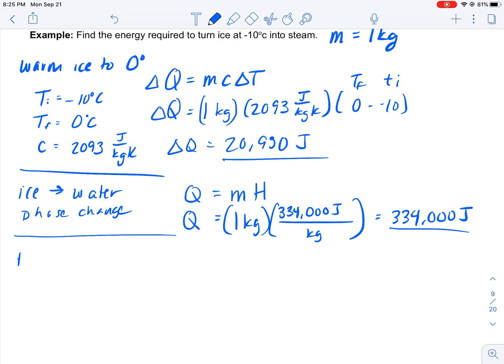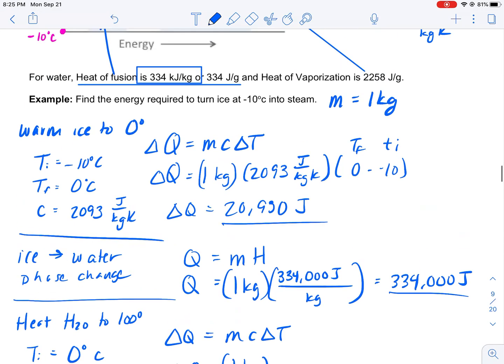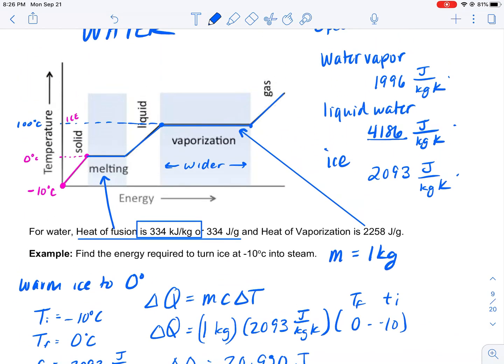And now I have to heat that water. To get it to steam, I'm going to have to heat it up to 100 degrees. My initial temperature is 0 degrees Celsius and my final temperature is 100 degrees Celsius. So I'm going to do the same type of thing as before. Q equals MC delta T. So Q equals the 1 kilogram.